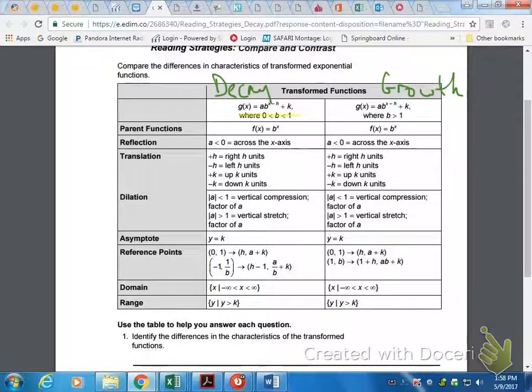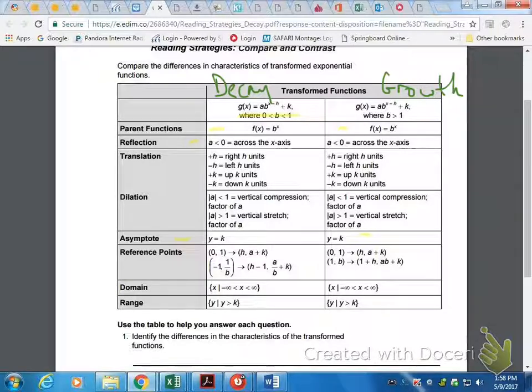The parent functions are the same for both decay and growth. The reflections are still the same when A is less than or equal to 0. The translations are all the same. Nothing changing there. The asymptotes are the same.